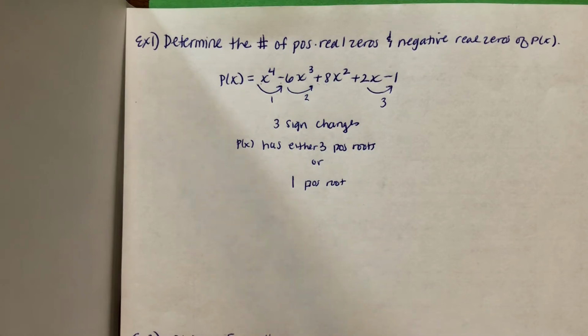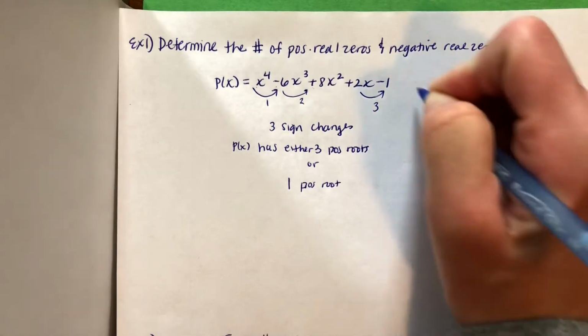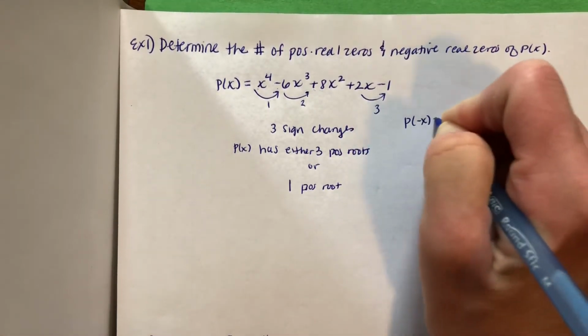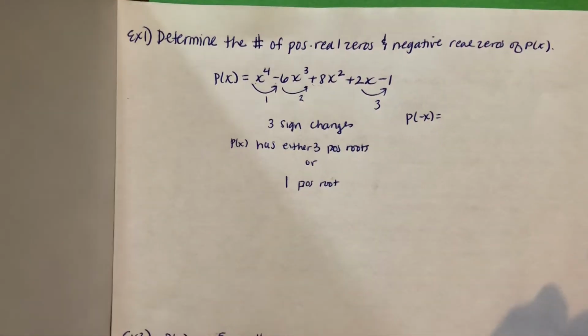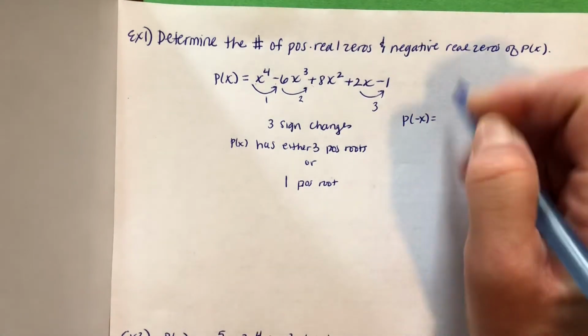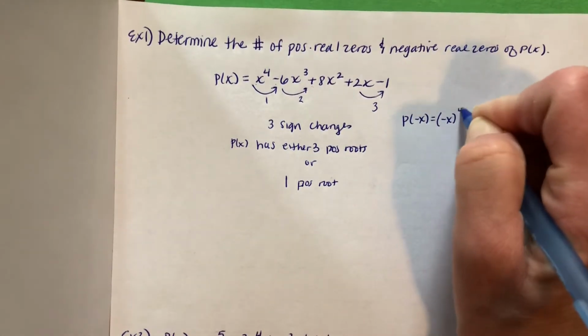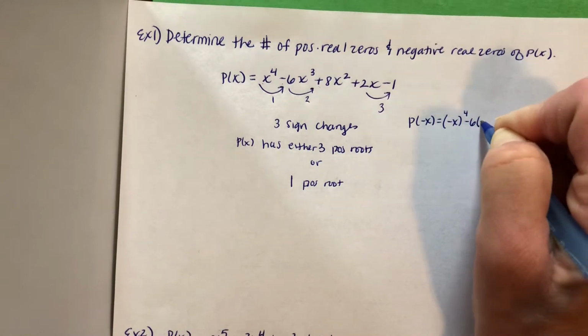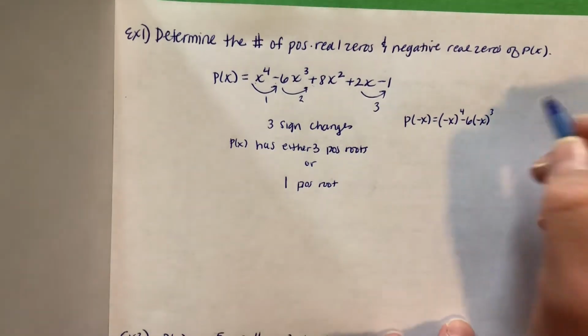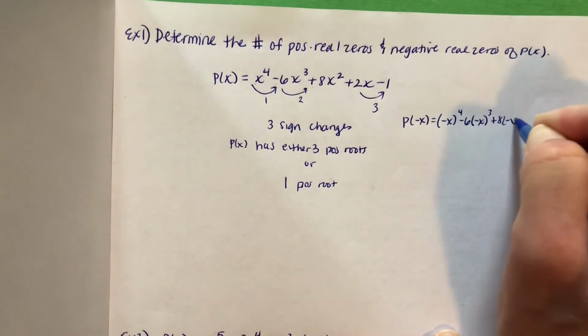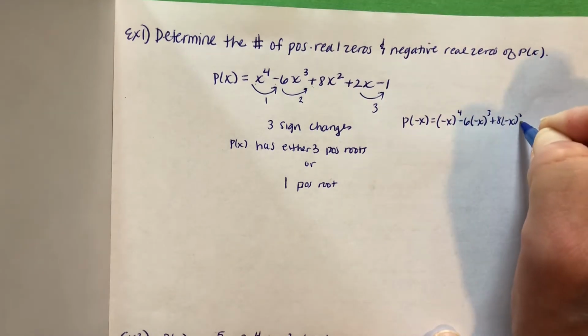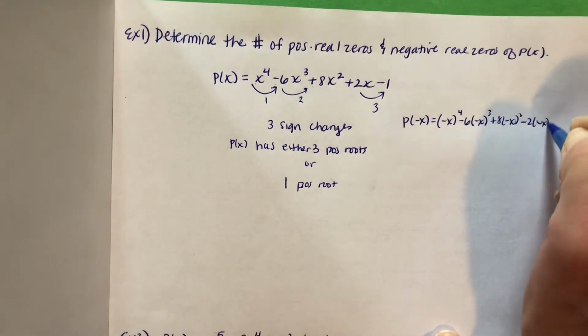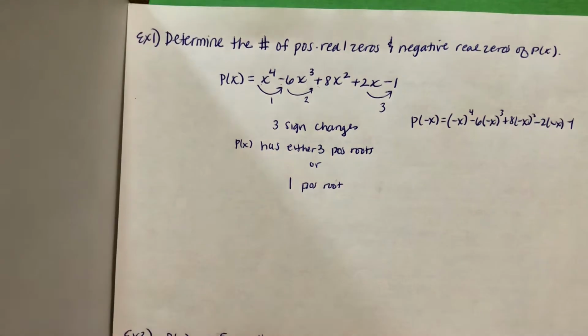So now let's do the negative roots. For the negative roots, we have to first find what p of negative x is. Wherever we see an x in the equation, we're going to replace it with a negative x. So negative x to the power 4 minus 6 times negative x cubed plus 8 times negative x squared minus 2 times negative x minus 1.